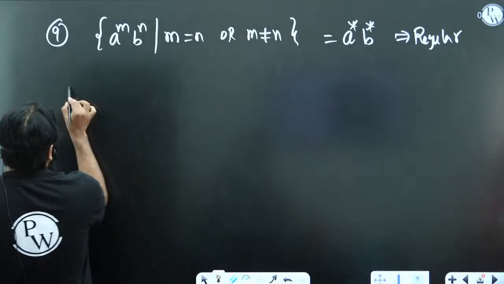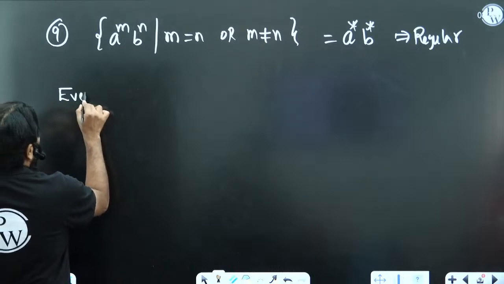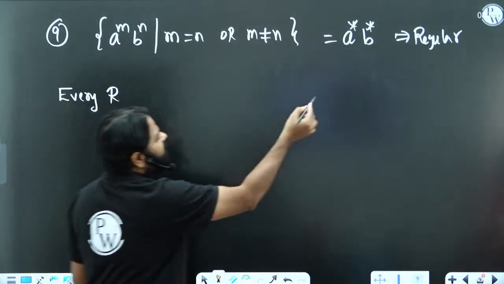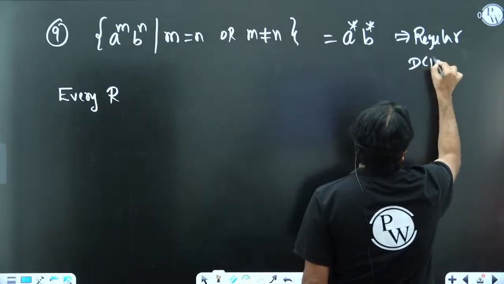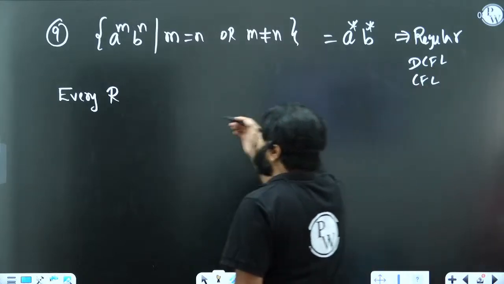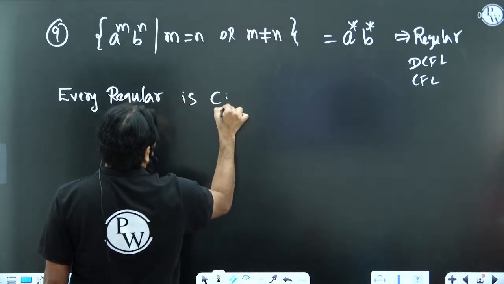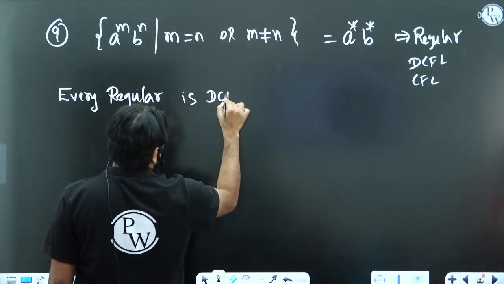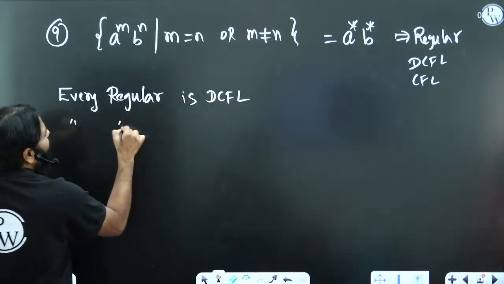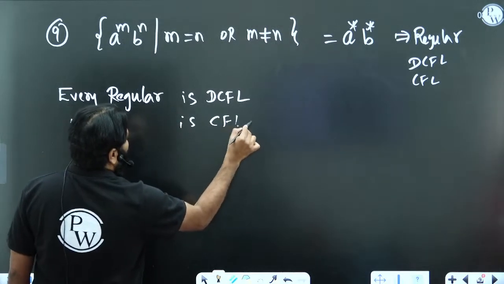So some of the points: every regular, you cannot confuse them. If it is regular, it has to be DCFL, it has to be CFL. So understand this point, every regular is CFL, even DCFL. Every regular is also CFL, right?